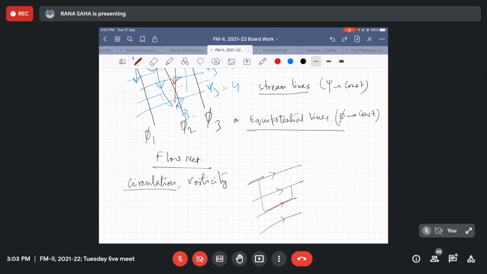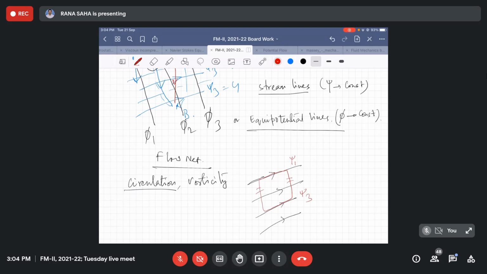So circulation can be defined for this closed form that I have drawn by red line, which may consist of, say, this streamline having stream function psi1 and the stream function psi2, or maybe psi3, and these two additional lines to make this a closed loop.